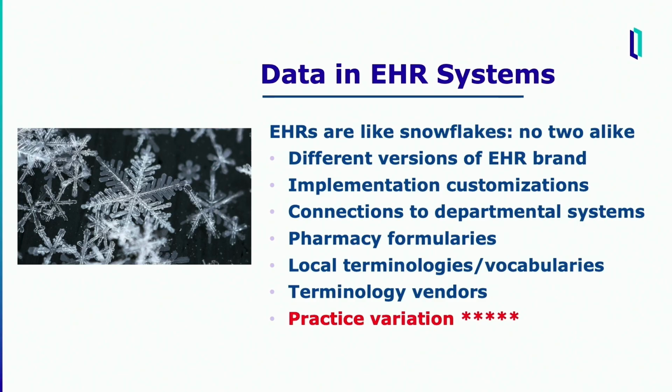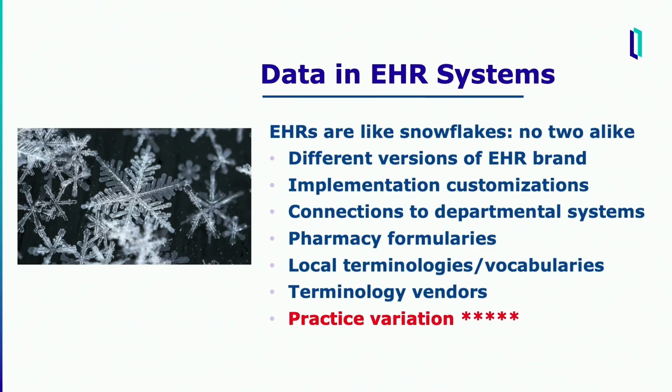And terminology vendors overlay their terminology on top of the EHR. And most of all, probably, and this is where we started, why do patients have different outcomes at different organizations or by different providers? Because there's variation in the practice, and with variation in practice, you cannot expect to produce the same data in different EHR systems.